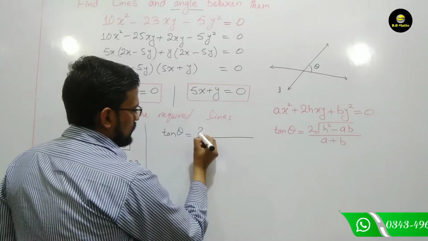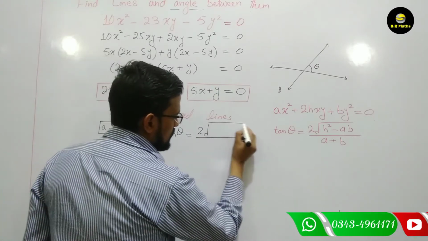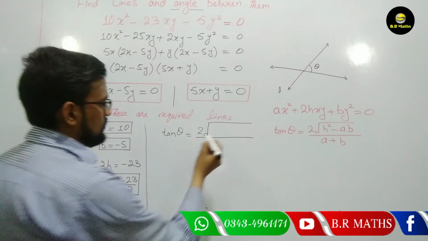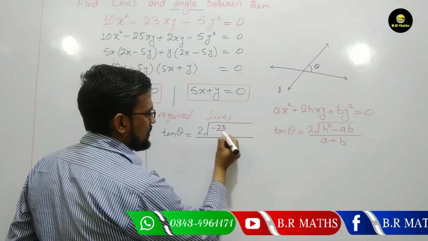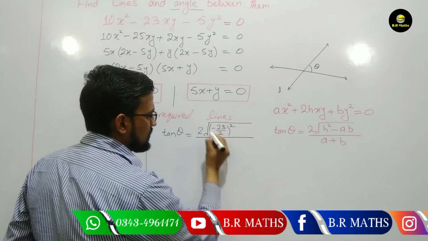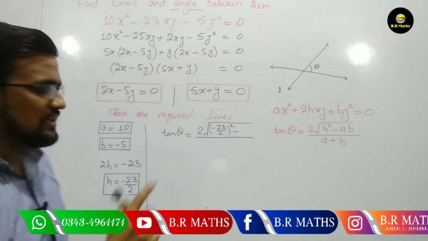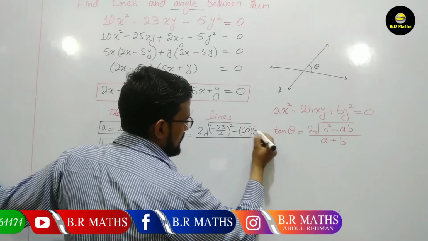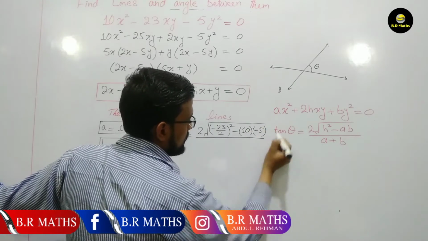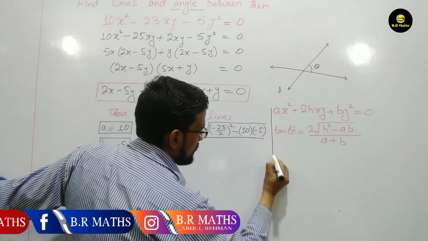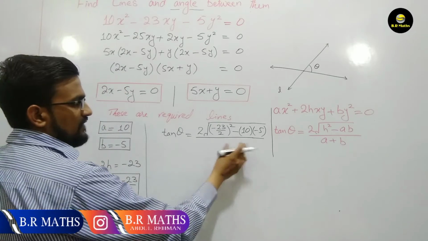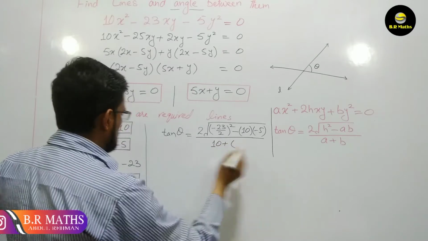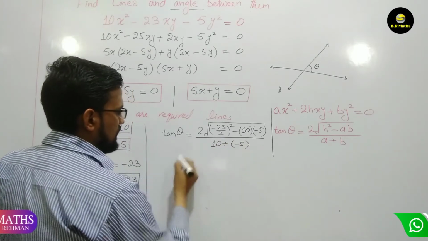Tan theta equals 2 square root of h, minus 23 over 2, squared, minus ab. a is 10, b is minus 5, and divided by a plus b, where a is 10 plus b is minus 5.